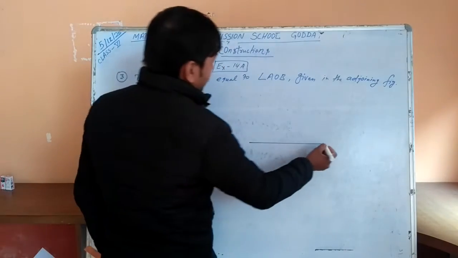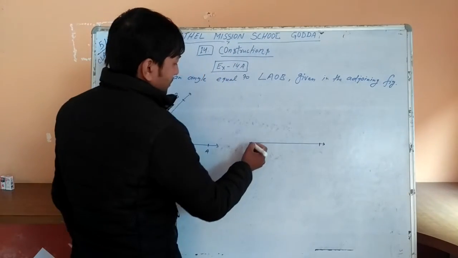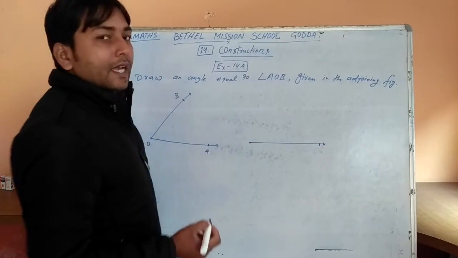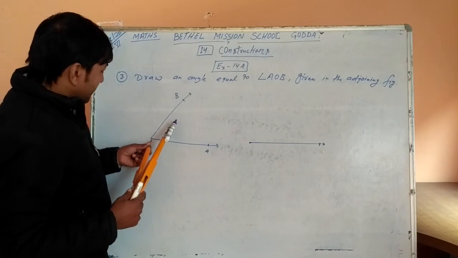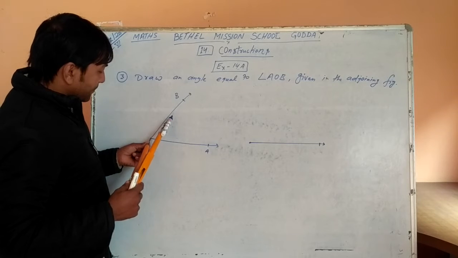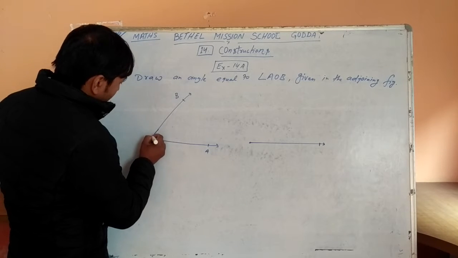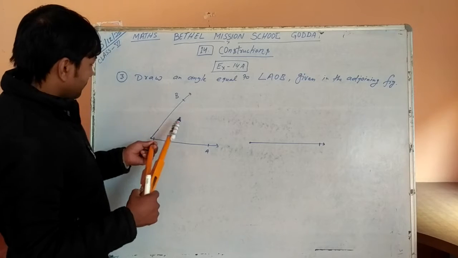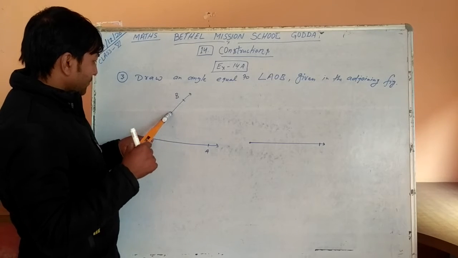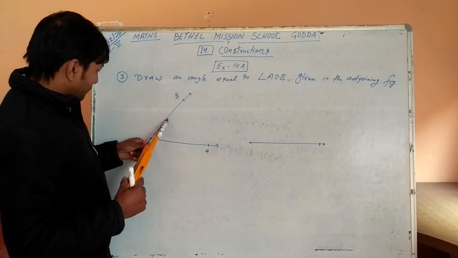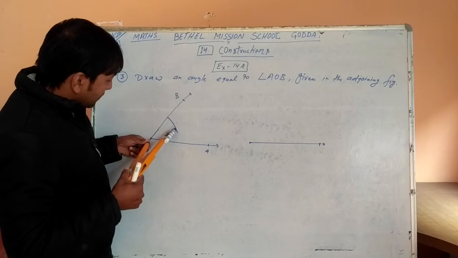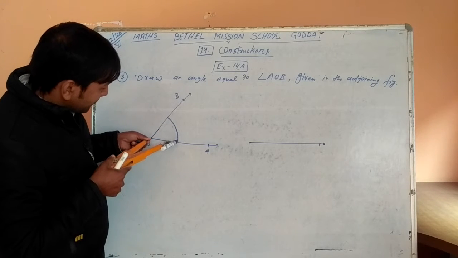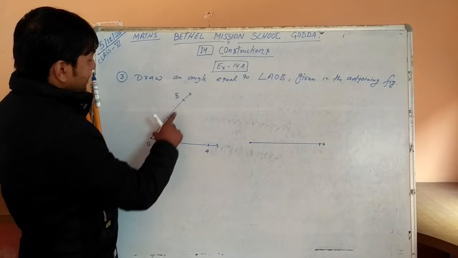We have drawn. Okay. Now your work is take your compass and draw an arc. This arc will cut at 2 points.